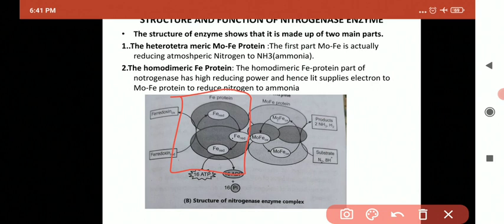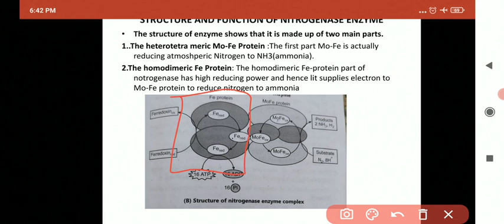Both the enzymes are highly oxygen sensitive, and they are damaged or become inactive due to the presence of oxygen and stop the function of nitrogen fixation. So this enzyme nitrogenase is a metalloenzyme as it contains Mo and Fe along with proteins. So this is also called MoFe protein.